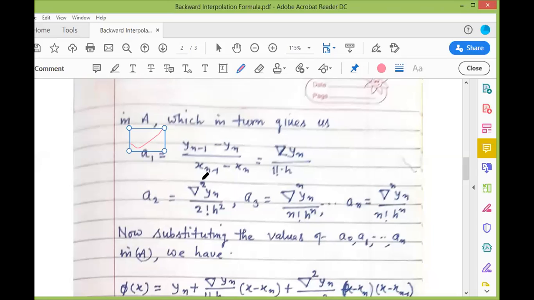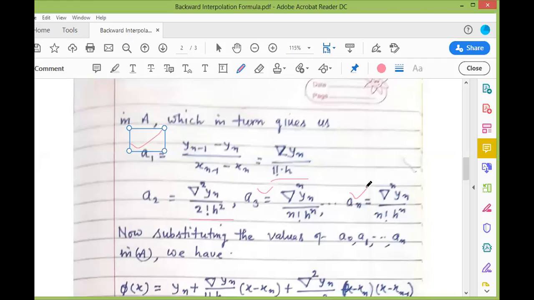This is the first backward difference of yn, divided by factorial 1 h. Similarly, a2 is the second backward difference of yn over factorial 2 h square, and a3 and an. We have computed these also in the case of Newton's forward interpolation formula.